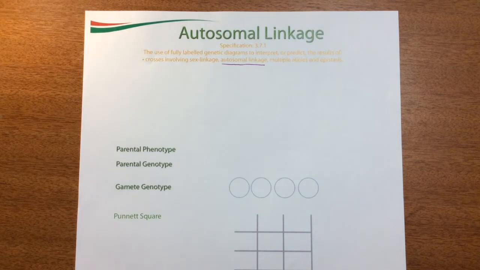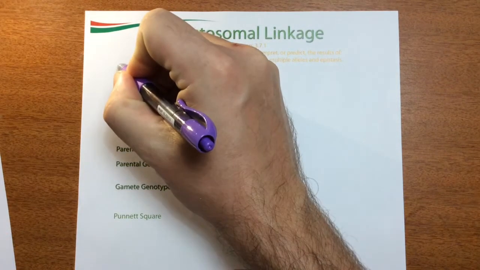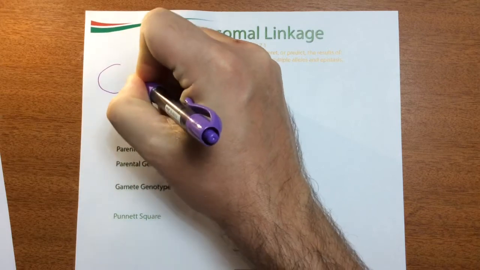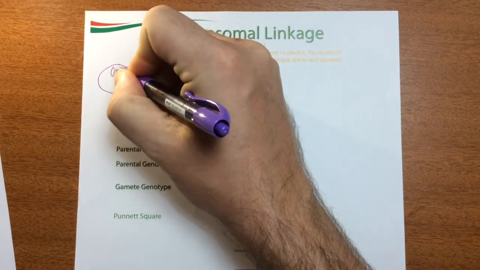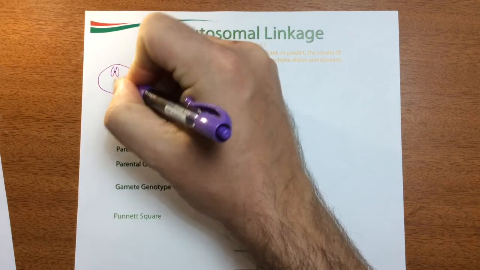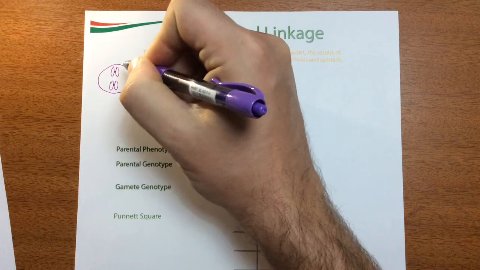Before we start, just to remind you, dihybrid crosses involve the interaction of genes on different homologous chromosome pairs.